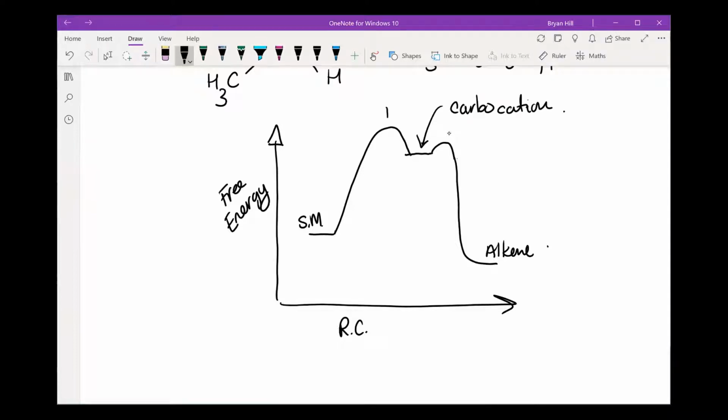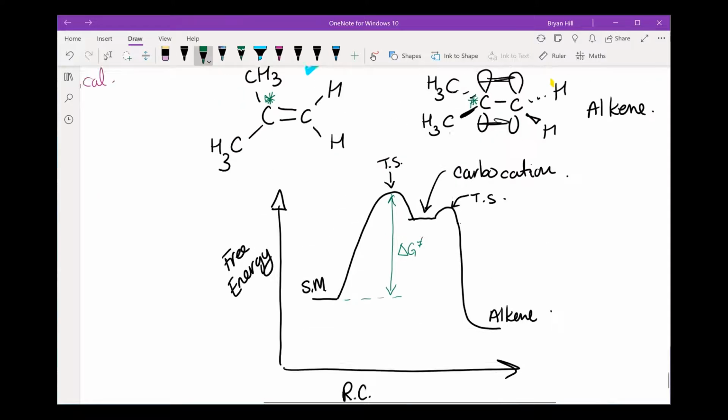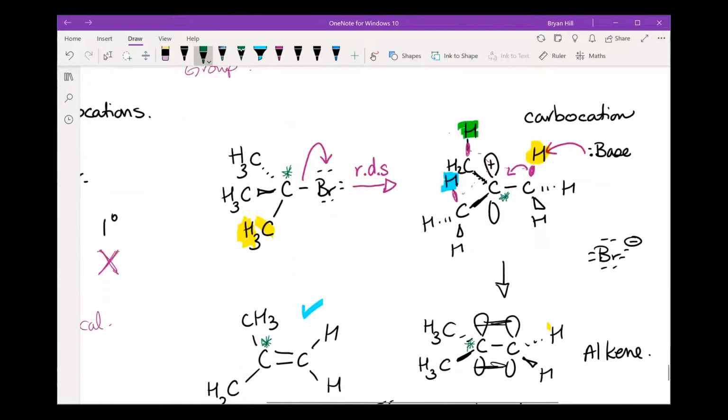And we would have two transition states. But the rate determining step is going to be this first one. So this will be delta G dagger, and that will be the rate determining step. So the rate determining step is the bromide leaving right here. This second step would be very quick.